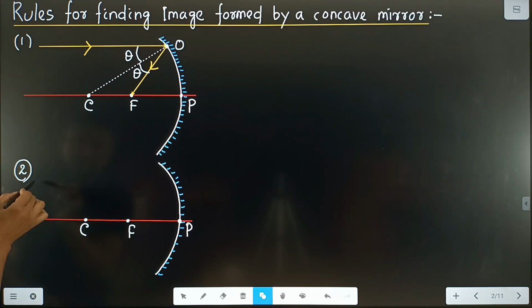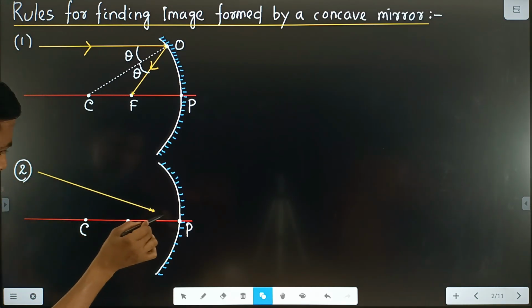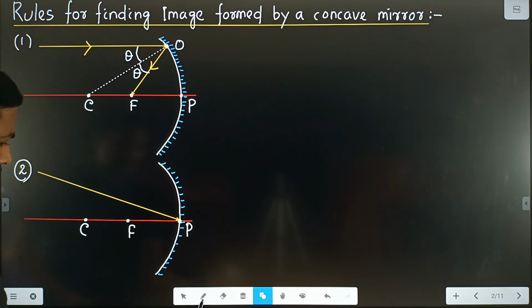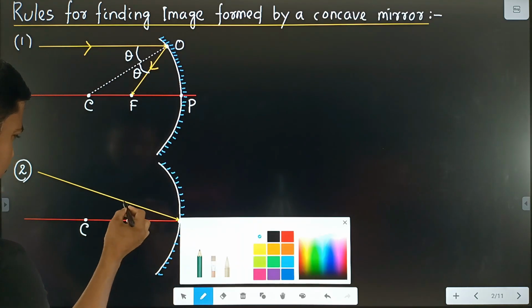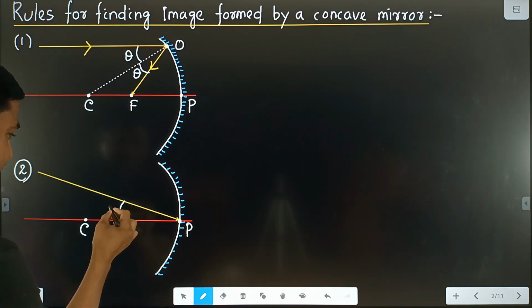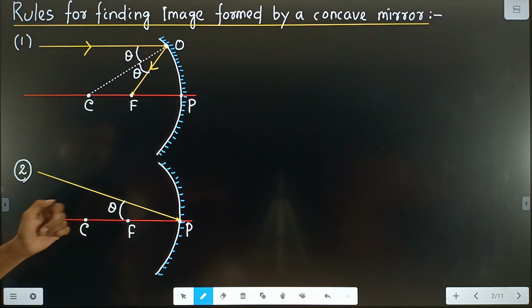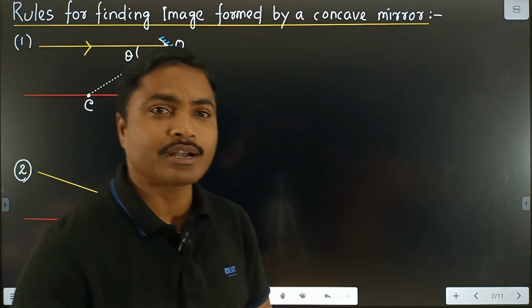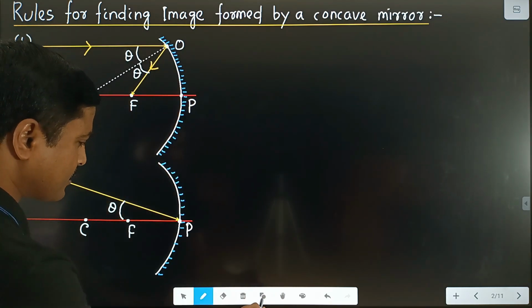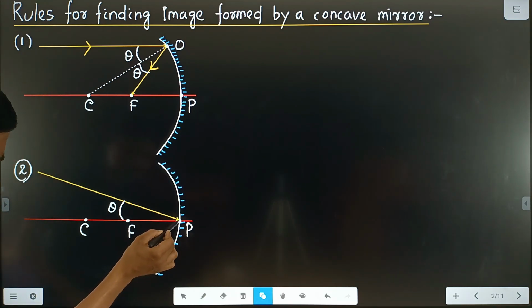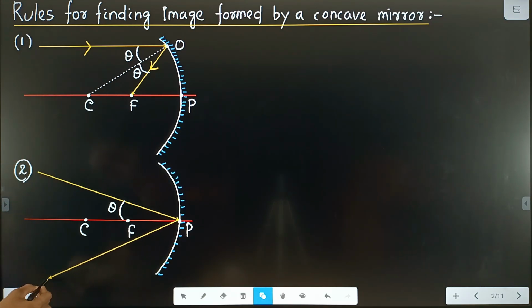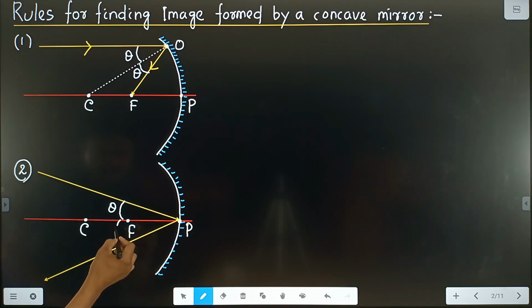Clear? And here in this case, suppose incident ray moves towards the point P. That means incident ray makes an angle theta with the principal axis. Then what happens? The ray returns back into the same medium with equal angle, and this is the reflected ray, and this angle is the angle of reflection, that is also theta.